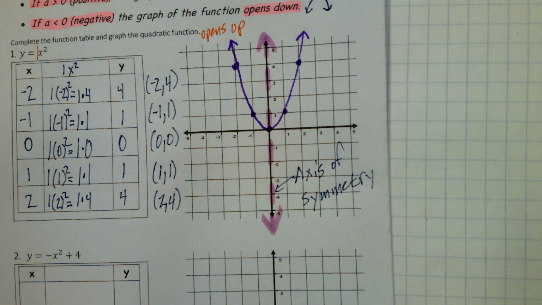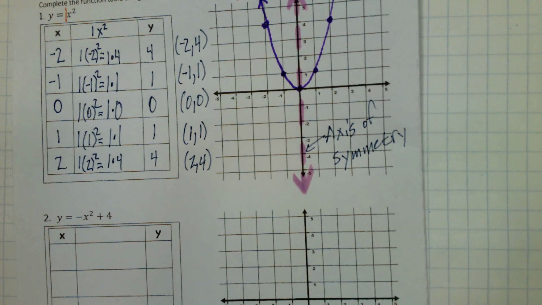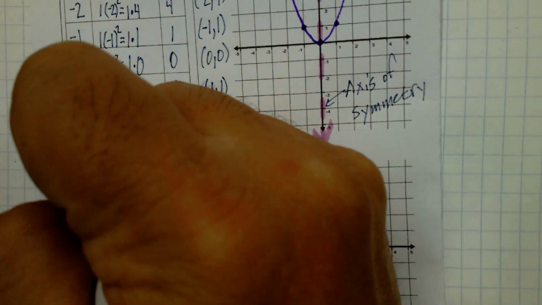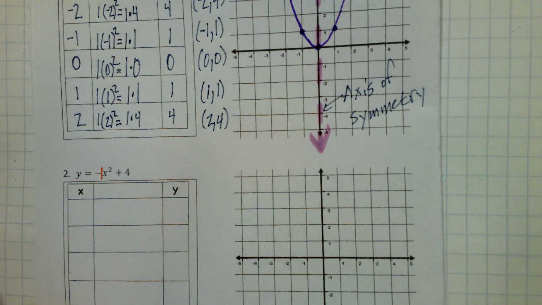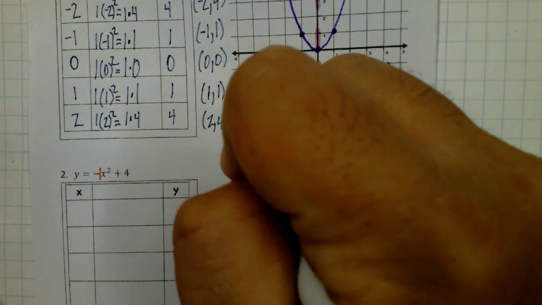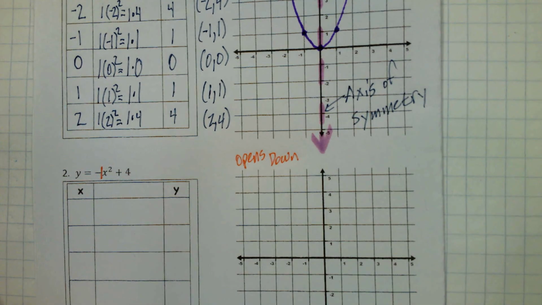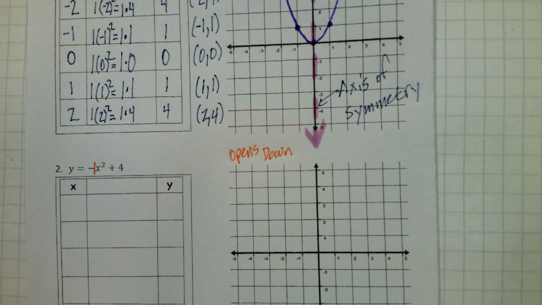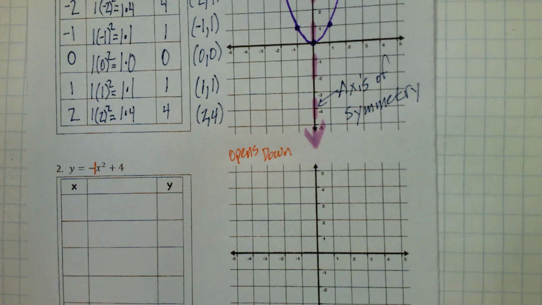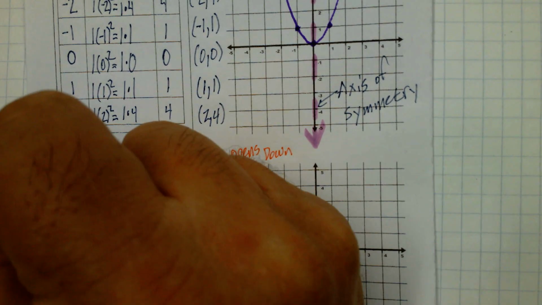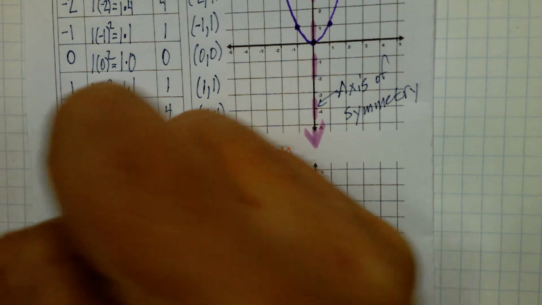So let's do one that opens down now, okay? You guys ready? All right, let's do the next one. This one obviously opens down because the number in front of x squared is actually -1. So this should open down. And we'll look at it in a moment. Let's go ahead and do the math. So this one is -x squared plus 4. So the first thing I'm going to do is write that in here, -1 x squared plus 4.